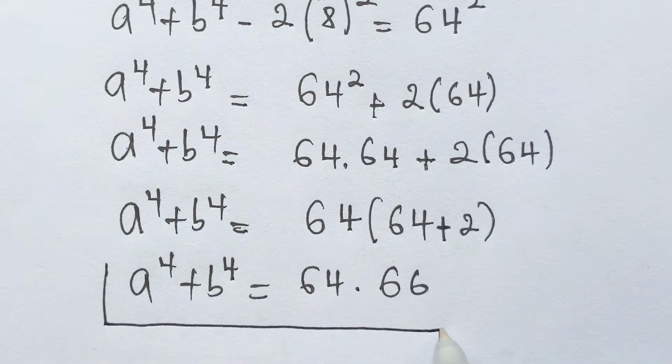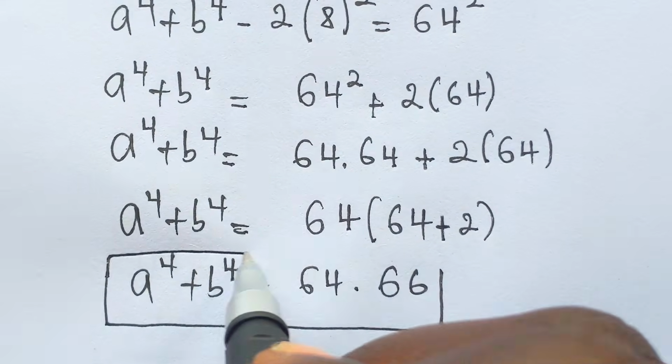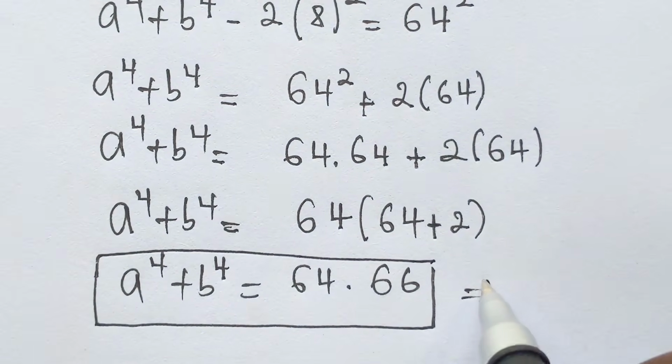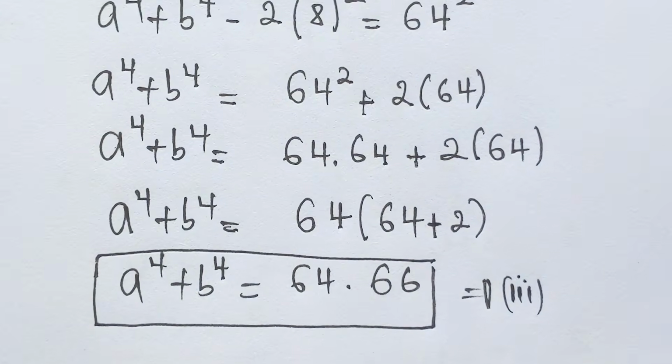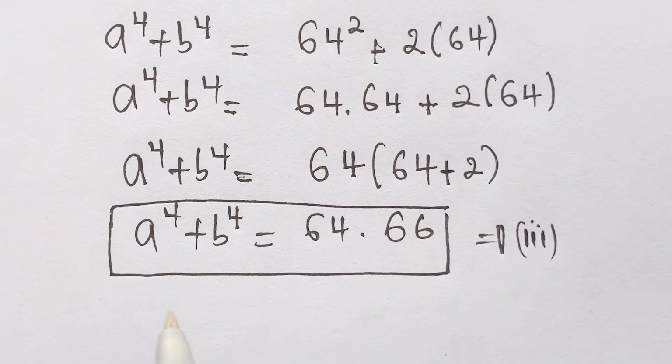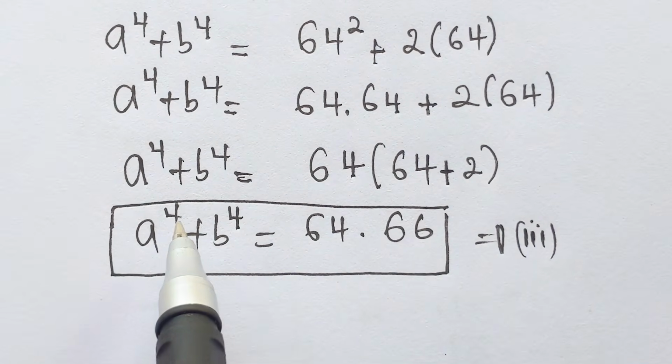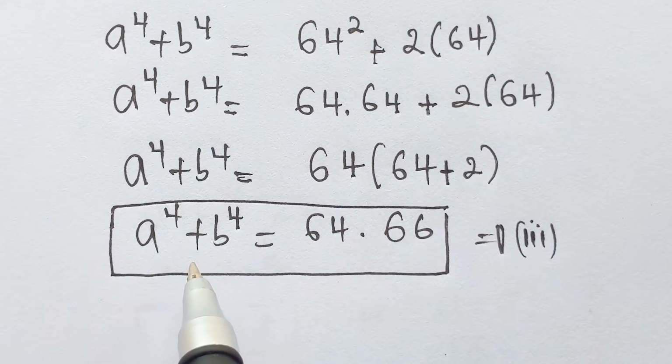We call this equation 3. Which formula can give us a power 4 plus b power 4?